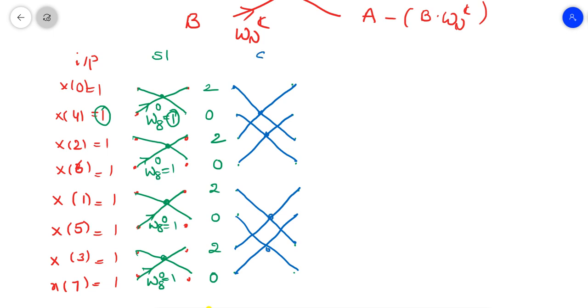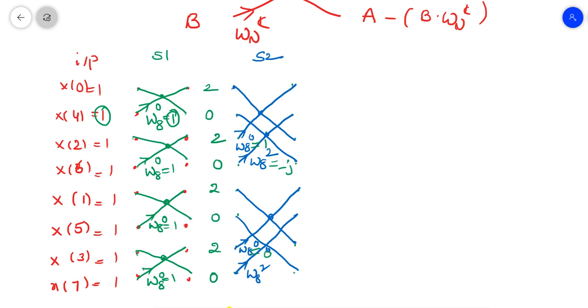In stage 2, my twiddle factors are W8 to the power of 0 and W8 to the power of 2, and W8 to the power of 0 and W8 to the power of 2. So in stage 2, W8 to the power of 0 is equal to 1, and W8 to the power of 2 is equal to minus j.